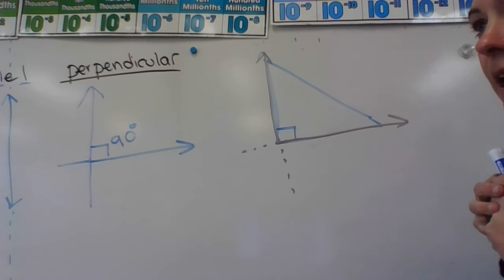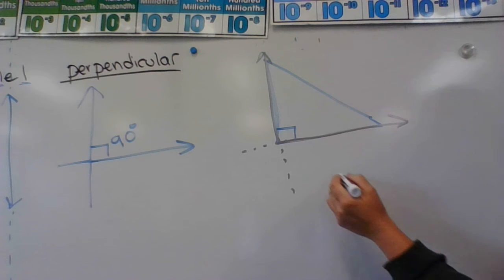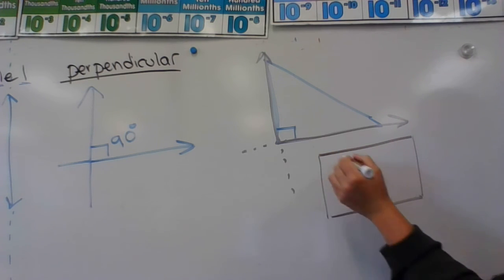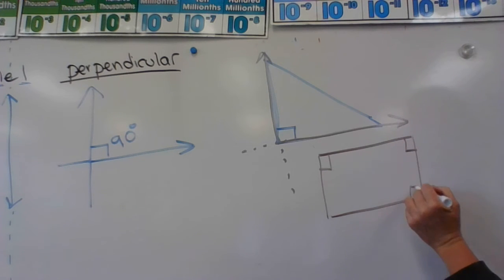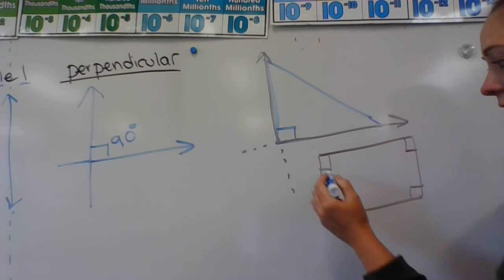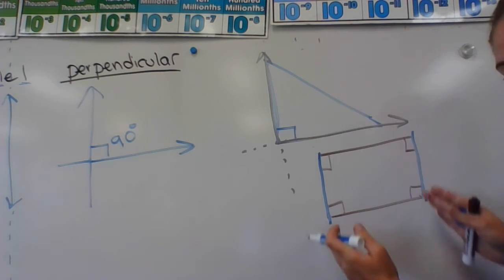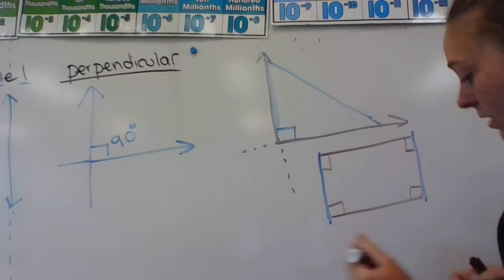You also have other shapes like squares that have perpendicular and parallel lines. Remember, squares have right angles on all of the corners. Those are all perpendicular. And these lines over here, this line and this line, are parallel because they're not touching, and they're never going to cross if I just keep drawing them.